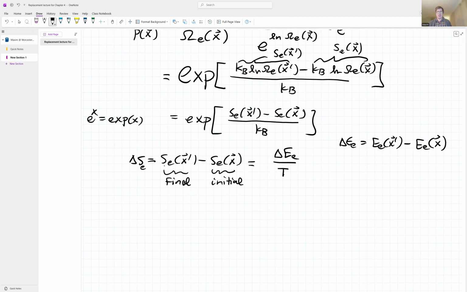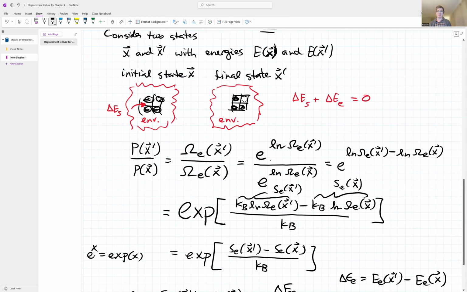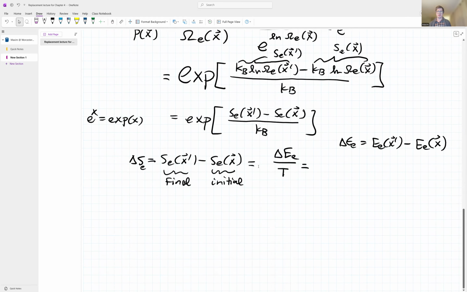So, okay, the very last step is just recognizing that energy is conserved. So the change in energy of the environment is negative change in energy of the system. Right? So this is just minus delta E over T, where this is now for the system.